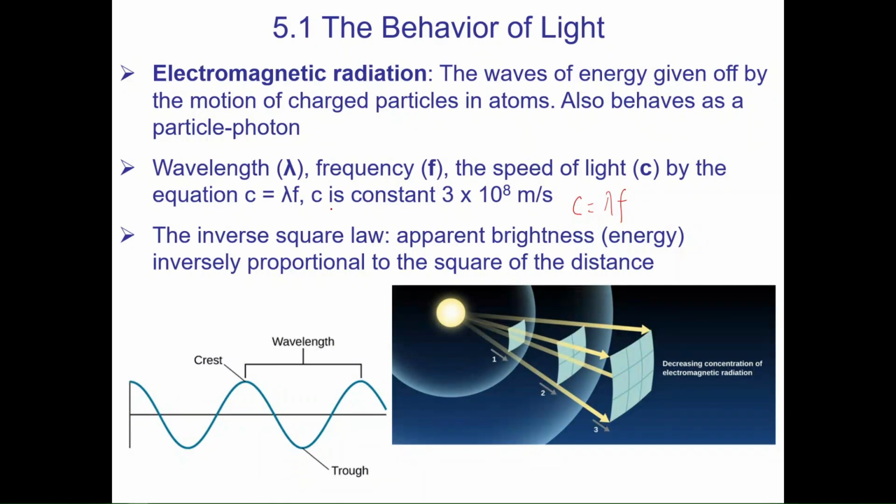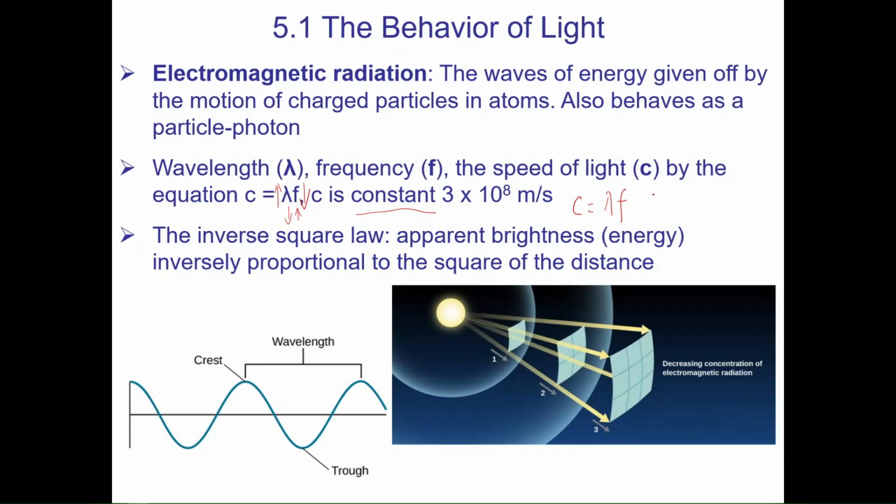You can see here we talked about the speed of light being a constant. So you can imagine if you have longer wavelengths, you have to have shorter or lower frequency, so their product is the same. On the other hand, if you have shorter wavelengths, that also means the wave has higher frequency, so their product will be the same.